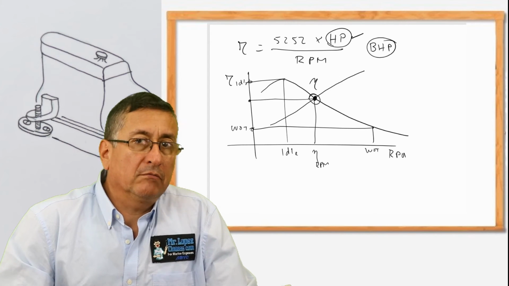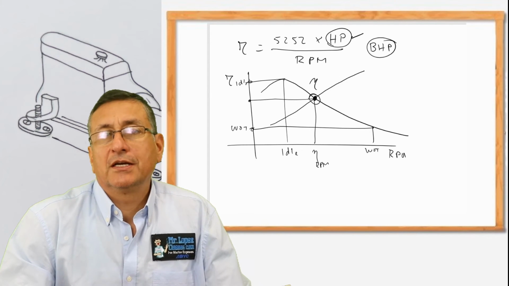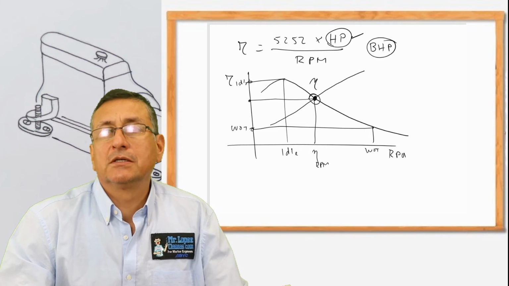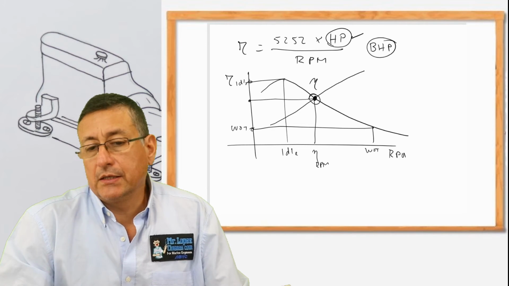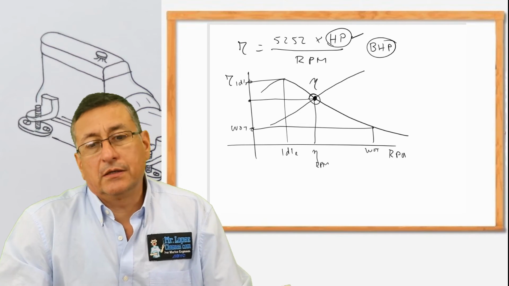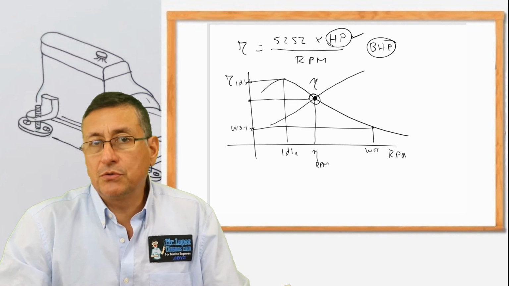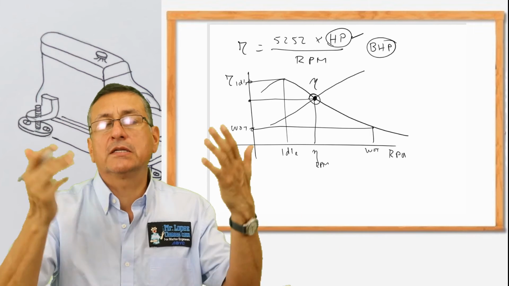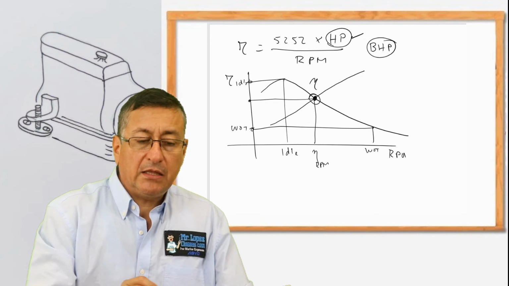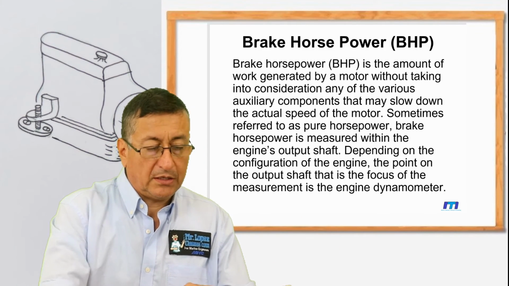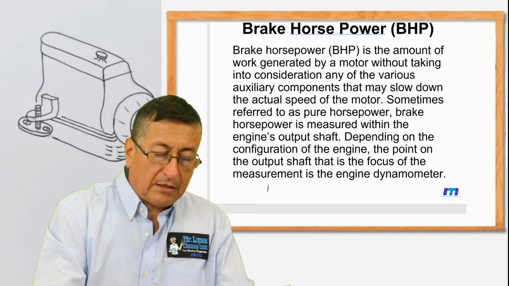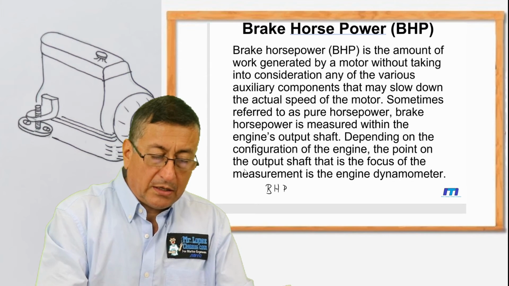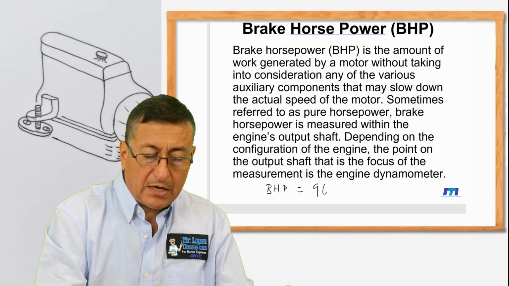But normally in operational conditions, the horsepower is a little less because you have a loss of power for temperature, for altitude, for humidity, for different external factors. And normally the brake horsepower, as on this slide, is around 96% of the original horsepower.